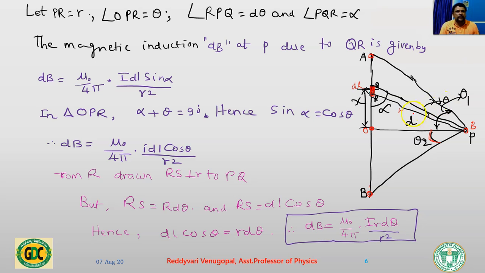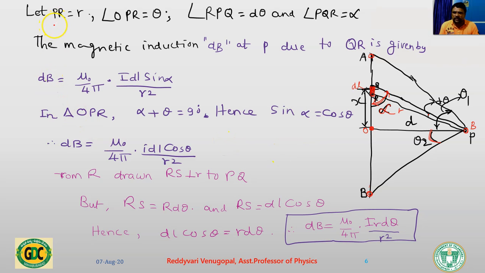We are also taking the angle made by the element dl as alpha, and the angle made by this current carrying element at point P we are taking as d theta. So just remember these things, and we are going for the derivation of the magnetic field induction due to this current carrying wire.